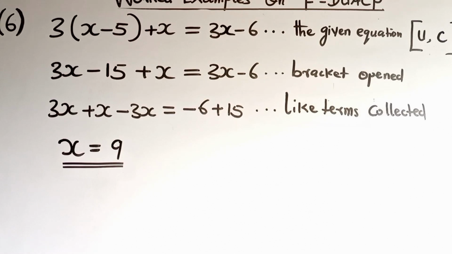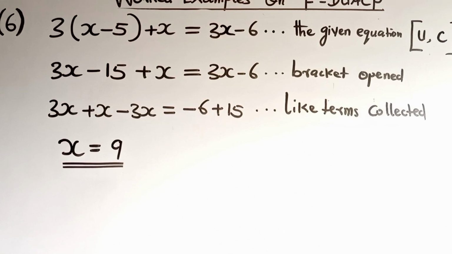Is it now time for us to collect like terms? Surely there is no more any other obstacle, and we can proceed to collecting like terms. Minus 15 and minus 6 are like terms, while 3x, 1x, and 3x are like terms.